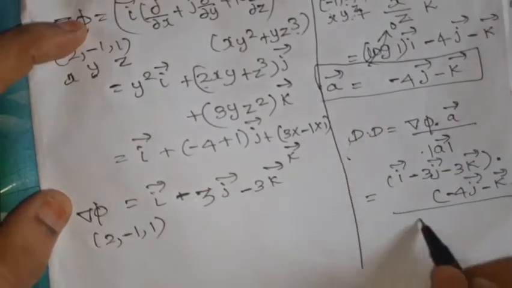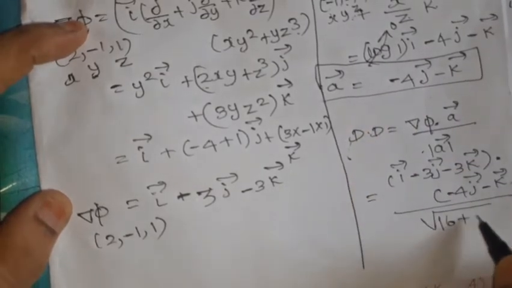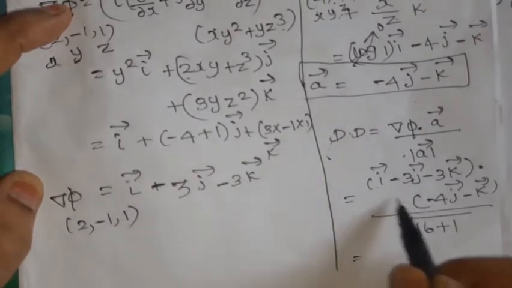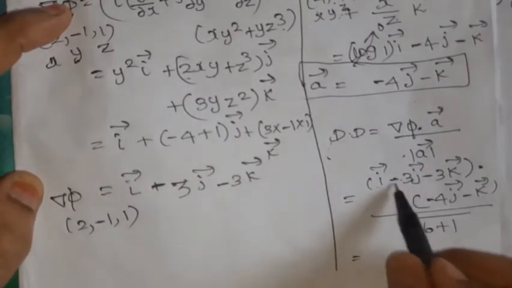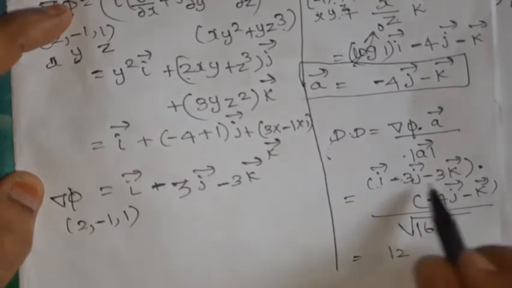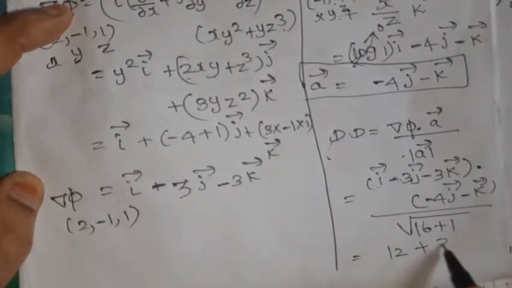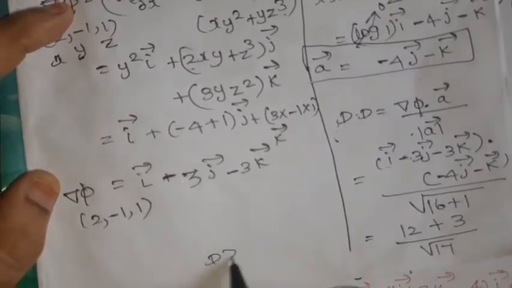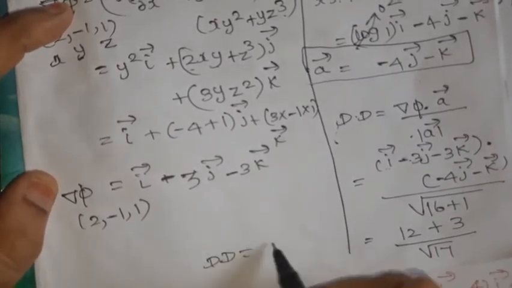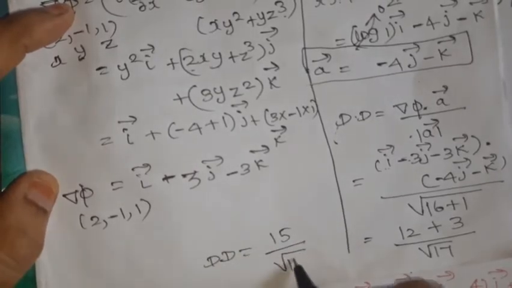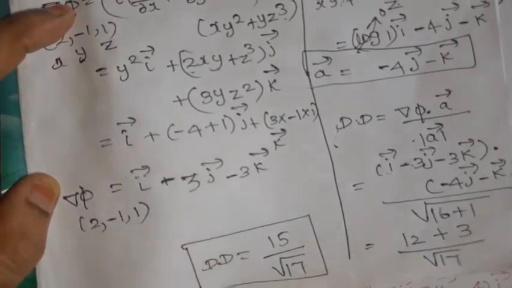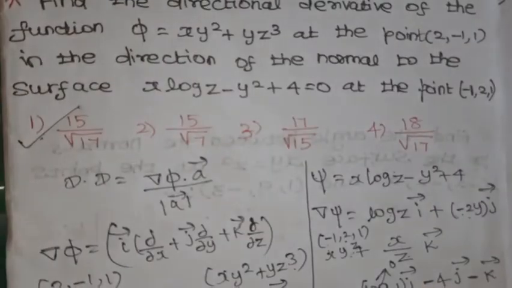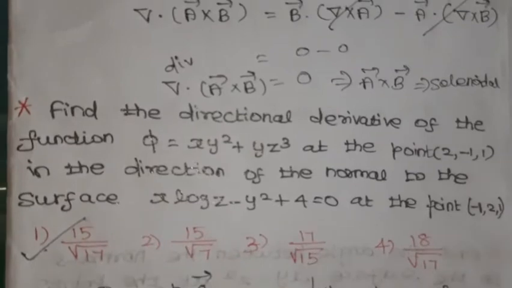The magnitude of a is 16 plus 1, right? The dot product: j to j, 3 fours are 12, plus 3, that is 12 plus 3, over the square root of 17. So what will we get? The directional derivative is 12 plus 3, 15 by root 17, right? So option 1, 15 by root 17, is the right option.